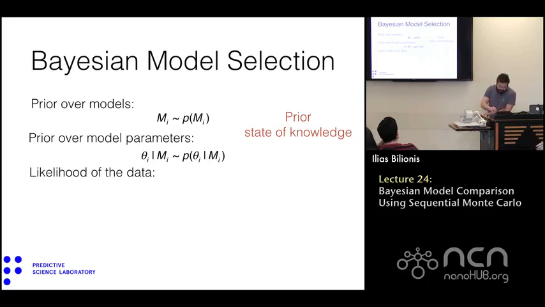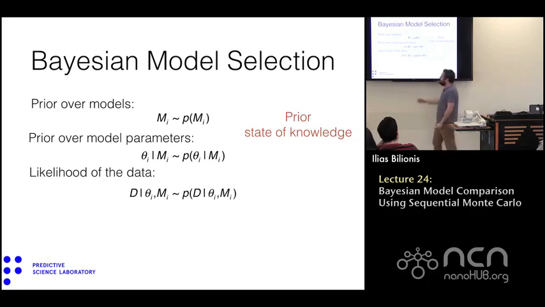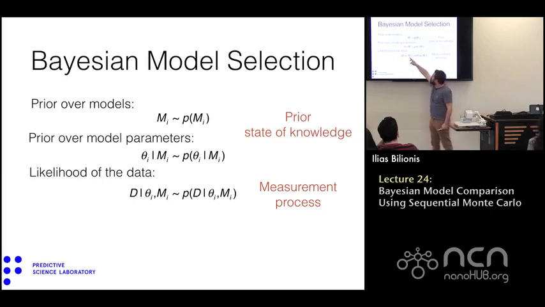model in our notation. We have the likelihood of the data, which is just like the likelihood we had before. It's what we use to model the measurement process and the model discrepancy. It's exactly the same likelihood we had before. It could be a Gaussian likelihood or any other kind of likelihood you like. But we just make M, the model, explicit.